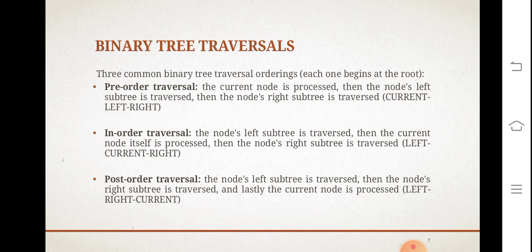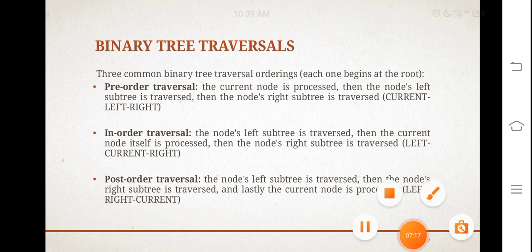So what is pre-order traversal? In the pre-order traversal of a binary tree, the current node is processed, then the node's left subtree is traversed, and then the node's right subtree is traversed.